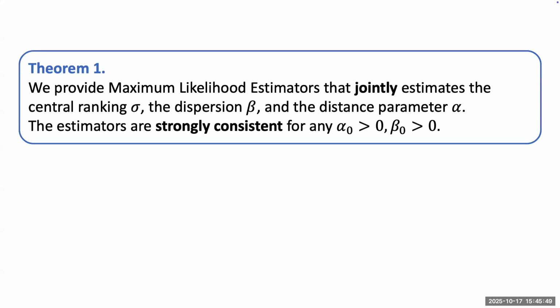I'll tell you the results informally first, and then when I get to it, I'll be more formal. The main result is that yes, it's possible. We give a maximum likelihood estimation that jointly estimates all of the parameters of the model, and we can show the estimators are strongly consistent.